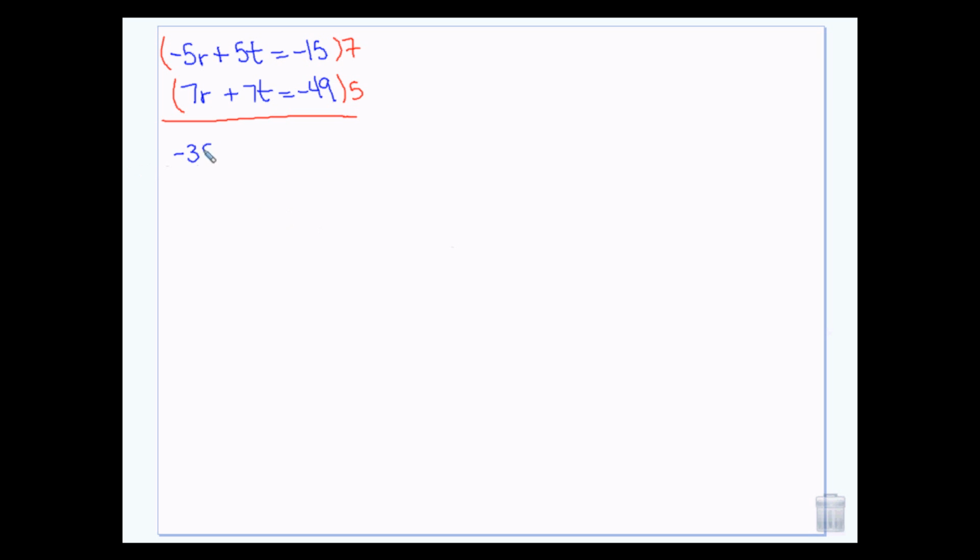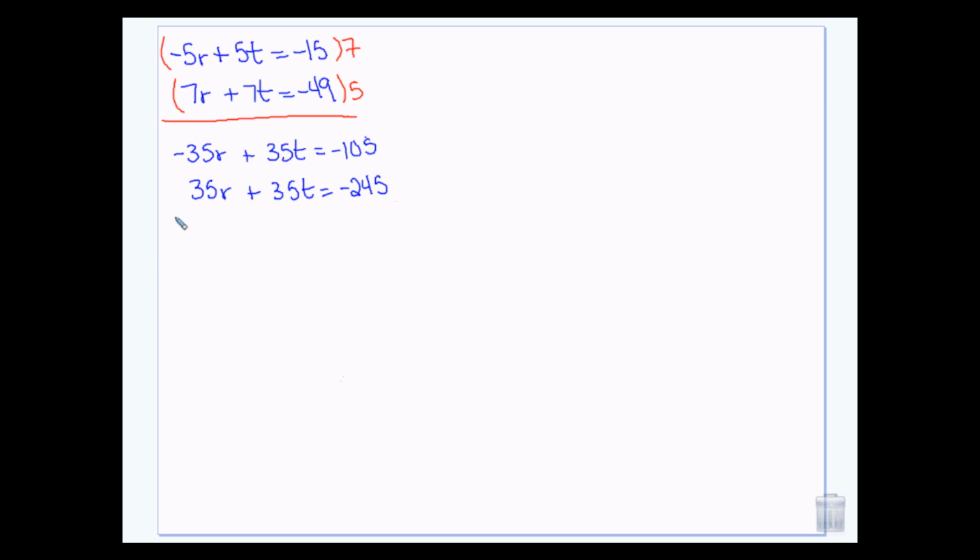So I'm going to get negative 35r plus 35t is equal to negative 105. And then I get positive 35r plus 35t, 49 times 5 is negative 245.